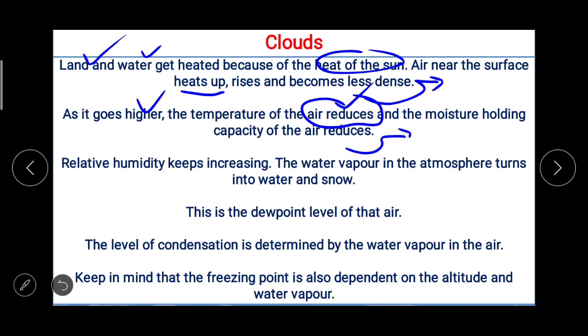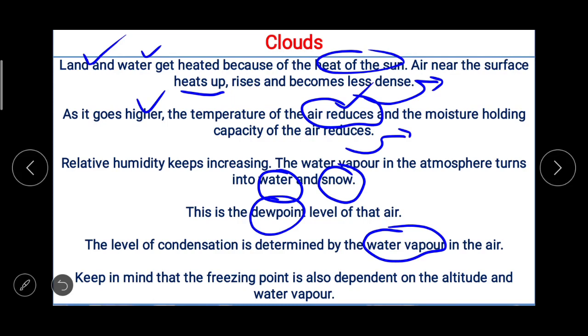Relative humidity keeps increasing. The water vapor in the atmosphere turns into water and snow, and this is the dew point level of that air. The level of condensation is determined by the water vapor in the air.